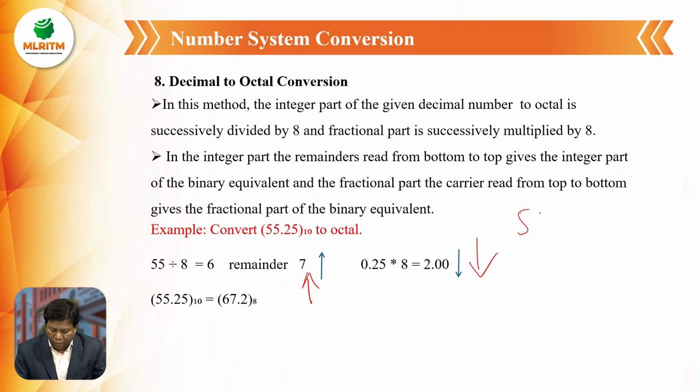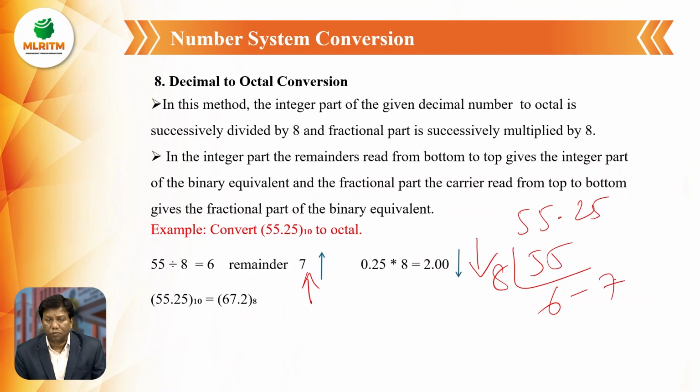Here consider one example, 55.25. 55 divided by 8: 8 6s are 48, the remainder will be 7. Then the result will be 67, and this is for the integer part. For the fractional part, 0.25 into 8 gives 2.00.